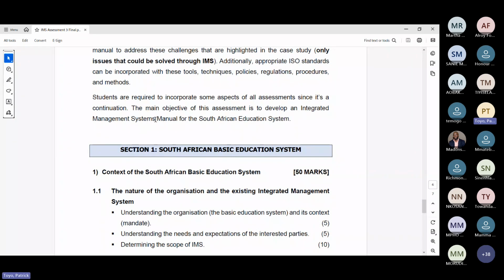In other words, what was in your assessment 1 and assessment 2, all those concepts and the knowledge you may incorporate into this final main assessment. The main objective of this assessment is to develop an integrated management system manual for the South African education system.